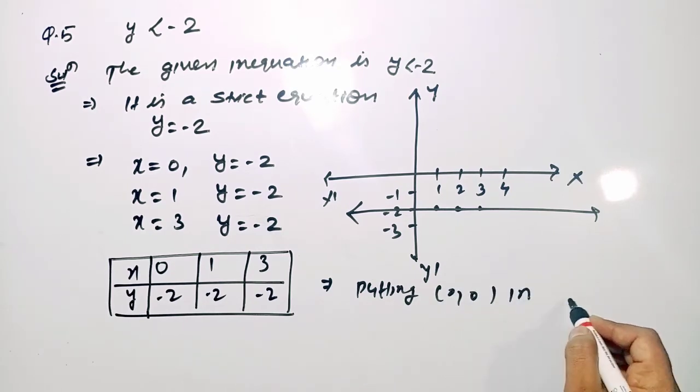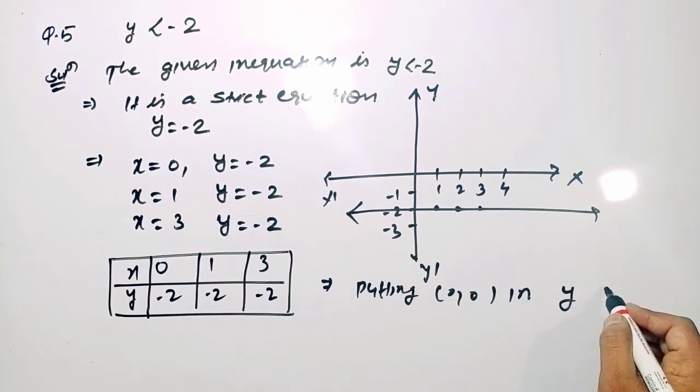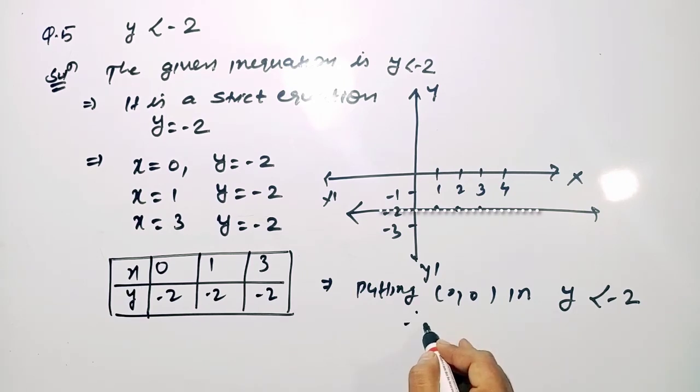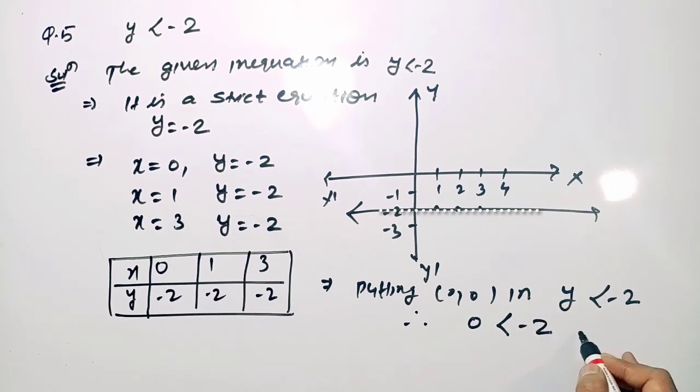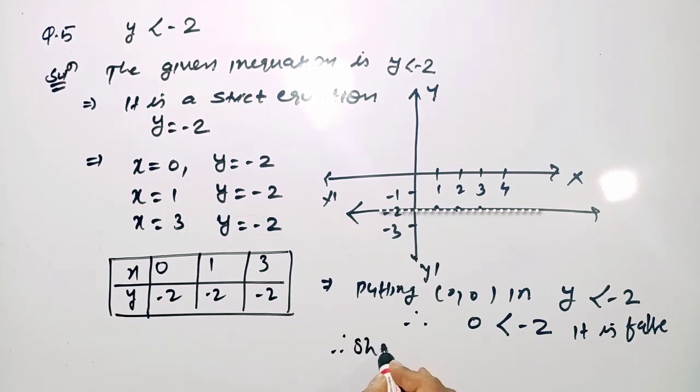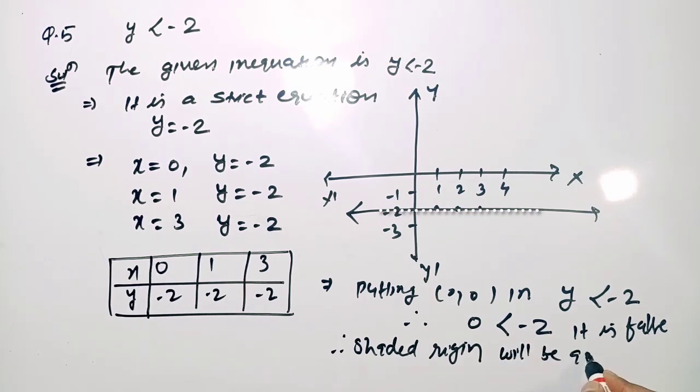So considering the origin 0, 0 and putting it in the inequality, we are getting 0 less than minus 2. It is false, right, student? So the shaded region will be away from the origin. So drawing the shaded region over here.